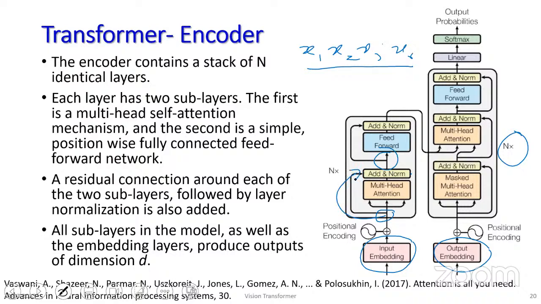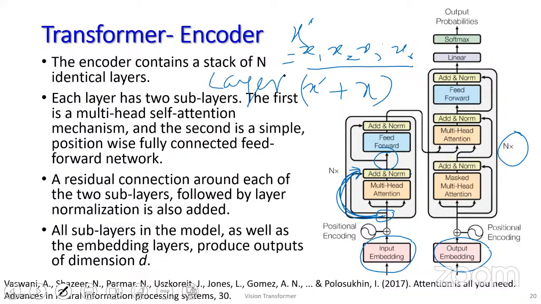Let this be x, and let the attention output be called x prime. I will be adding x prime to the initial x that is coming from here, and then I will be applying layer normalization.